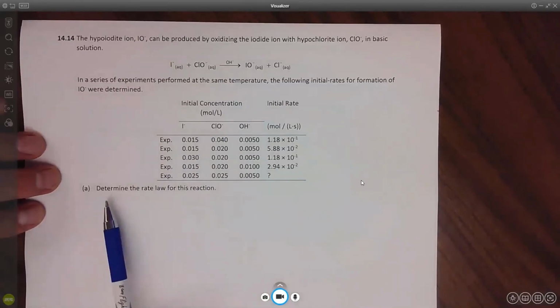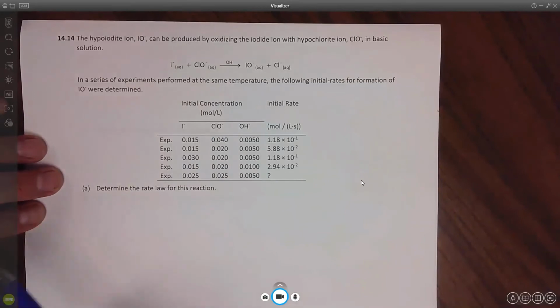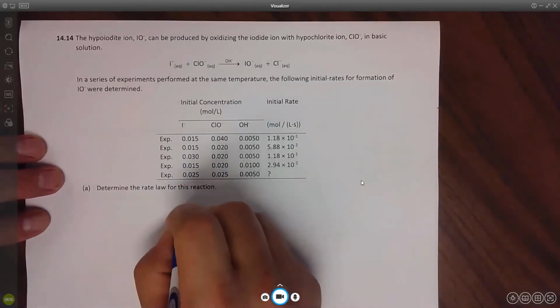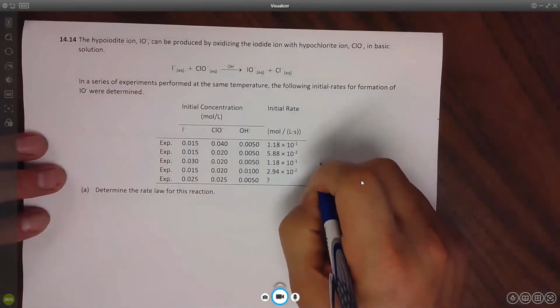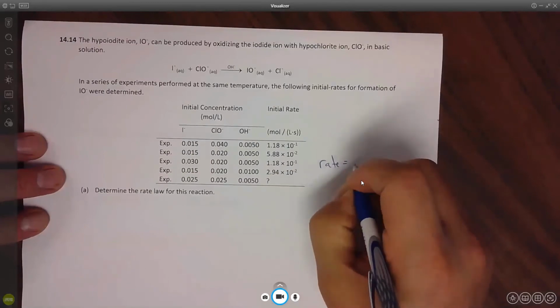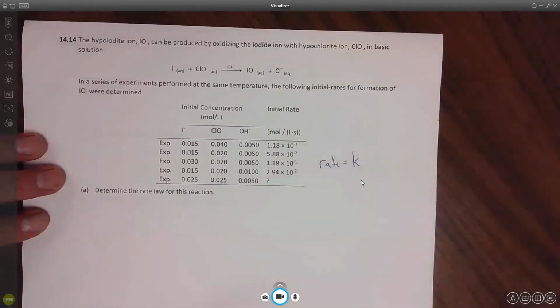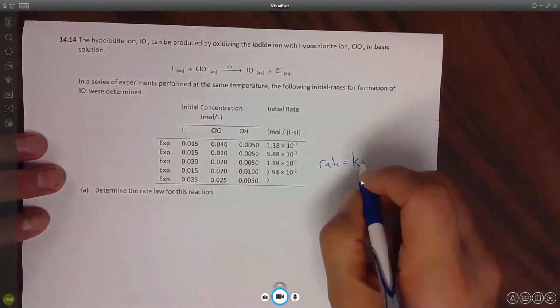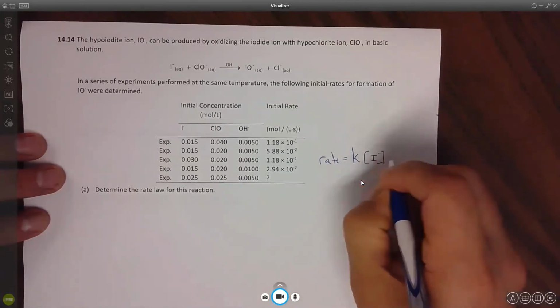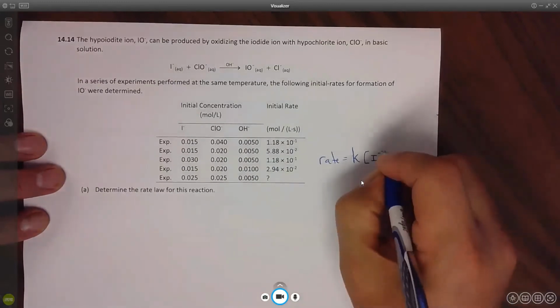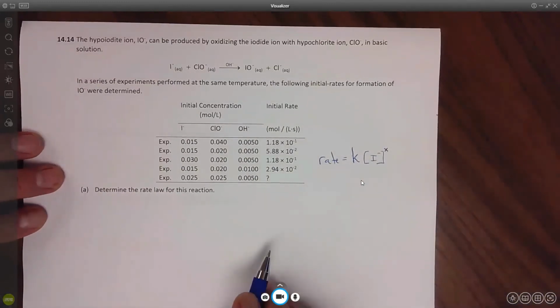And so our first task is to determine the rate law for this reaction. Now remember what the rate law is. The rate law that we're looking for is rate equals our rate constant, lowercase k, times the concentration of our reactants. In this case, it is the iodide, raised to some power, and that's what we're looking for.